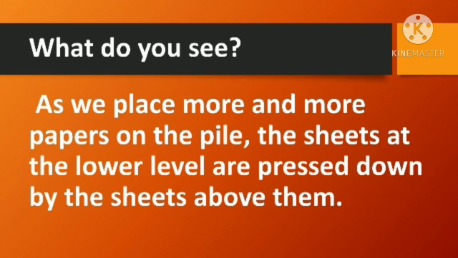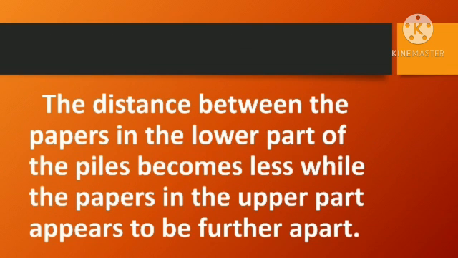What do you see? As we place more and more papers on the pile, the sheets at the lower level are pressed down by the sheets above them. The distance between the papers in the lower part of the pile becomes less while the papers in the upper part appear to be further apart.